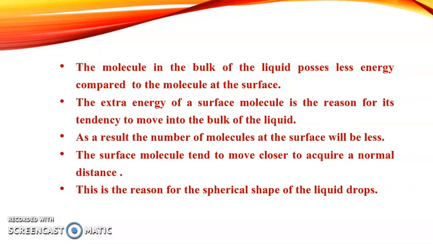So these surface molecules tend to move closer to reduce this distance and to acquire a normal distance between them. This is the reason for the spherical shape of liquid drops. We know liquid drops are spherical in shape, and this is the reason why.